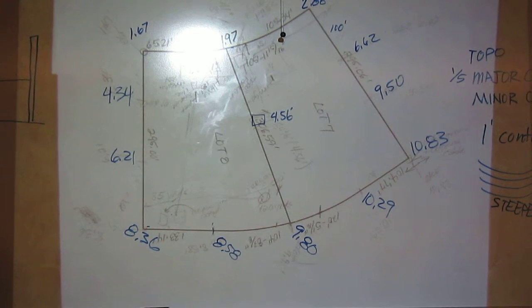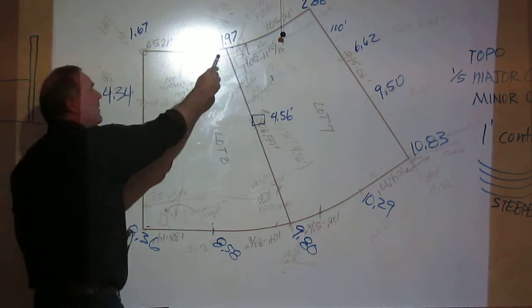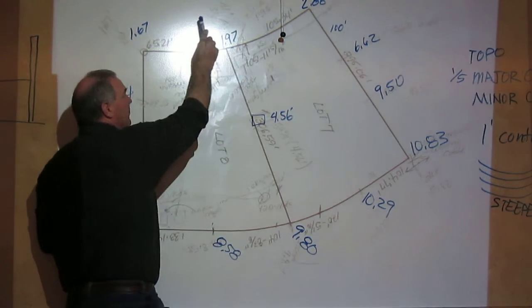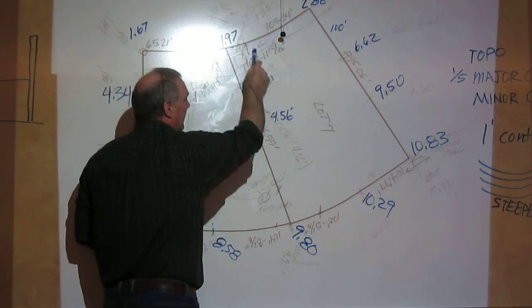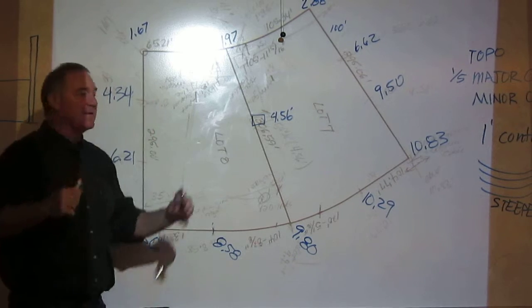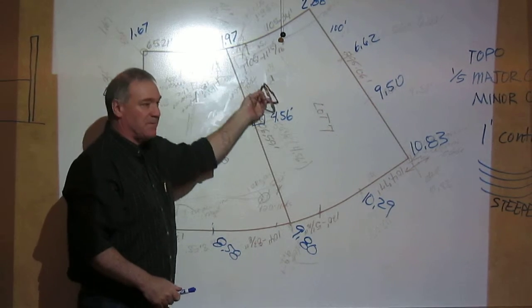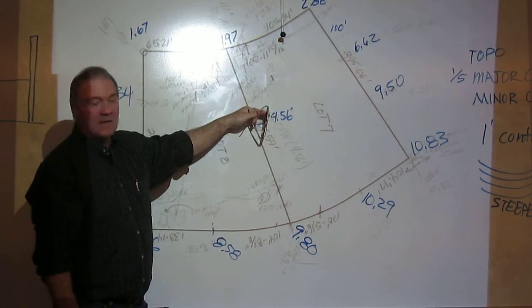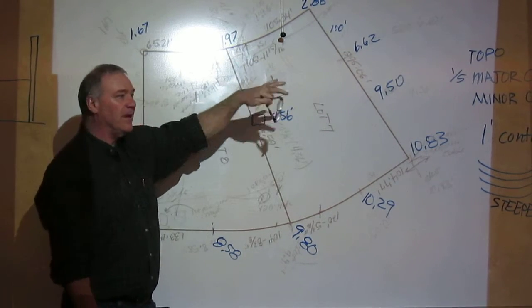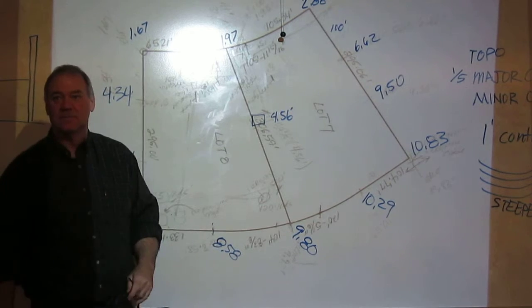Remember, we can fill dirt. Would you like it the same elevation here, so that as you drive onto the property and into your garage, you're coming on a flat surface? Or would you like to come off of here and drop down and then come into the garage? Would you like to come off of here and raise and come into the garage?